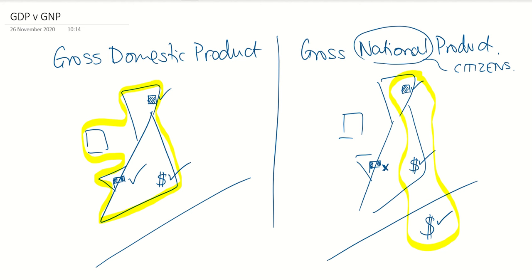Now, you may think for the UK, these numbers would be relatively similar because we have quite a lot of multinationals from other nation states that operate within the UK, and equally we have lots of UK multinationals who work around the world. That isn't always the case though.